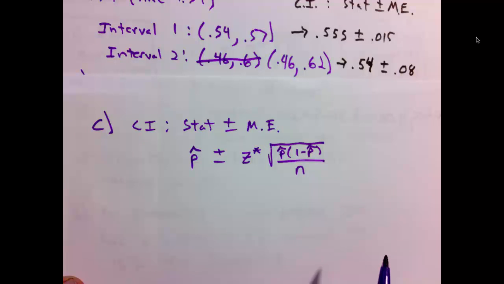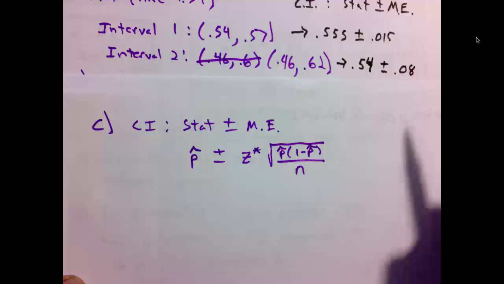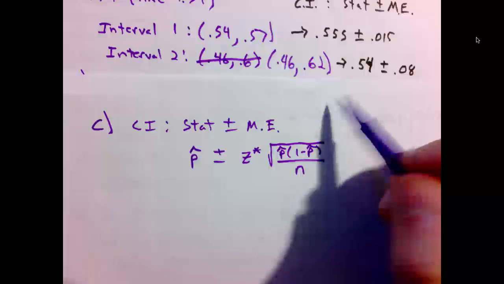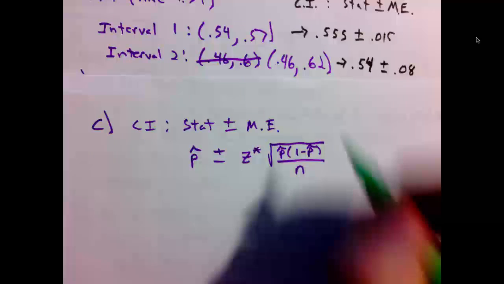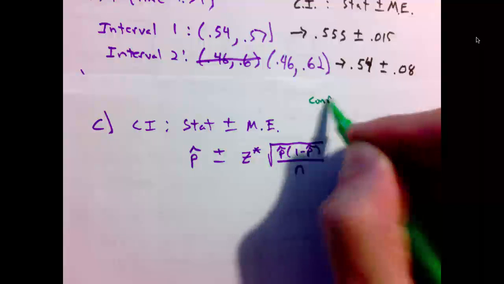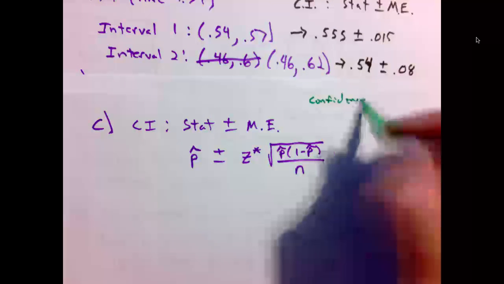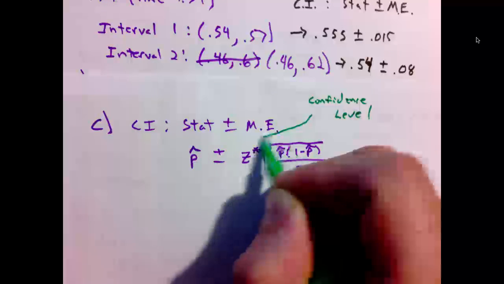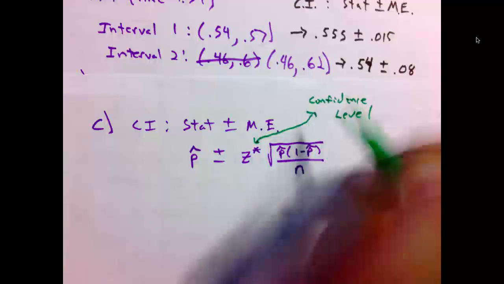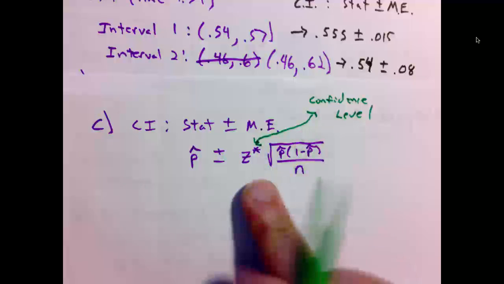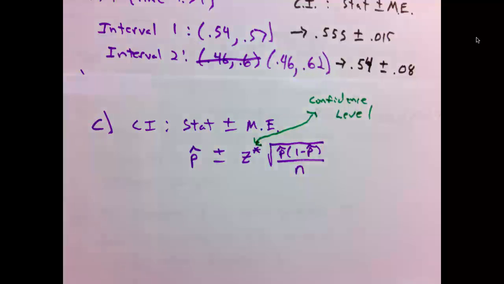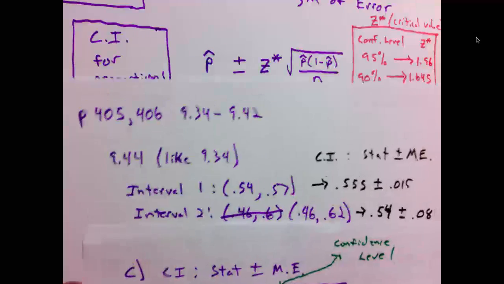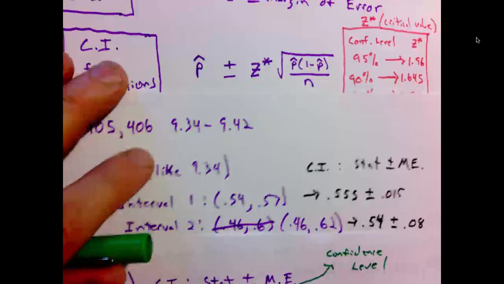Well, what they're saying here in C, if both confidence intervals have a 95% confidence level, which confidence interval is based on the smaller sample size? When they tell us about our confidence level, they are giving us information about this z star situation. Z star is our critical value, but it comes from our confidence level.